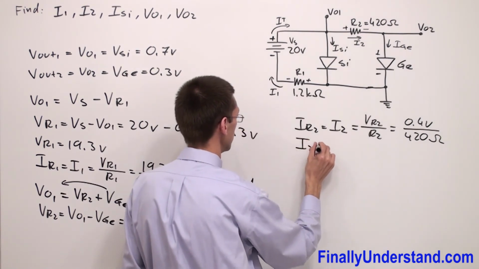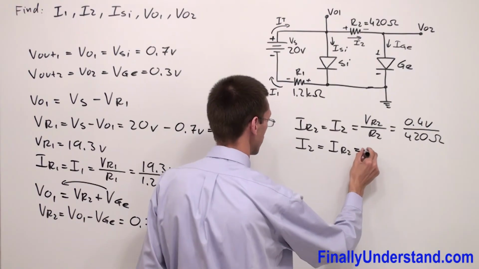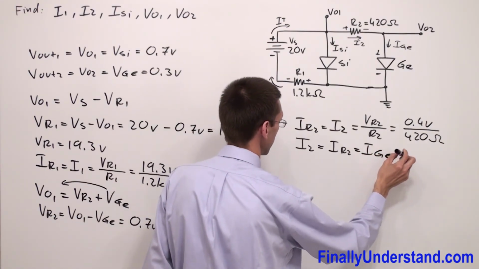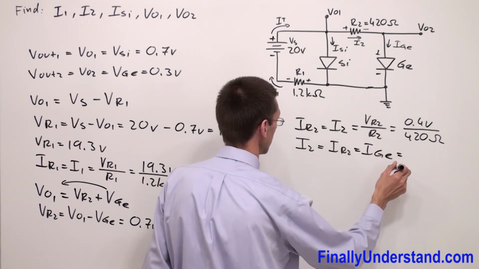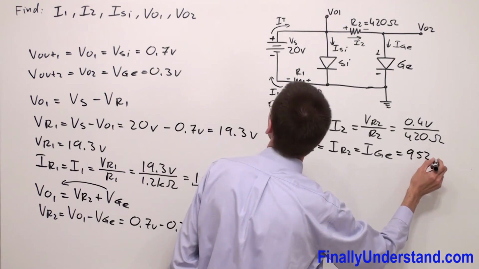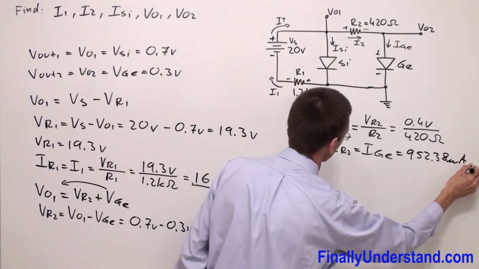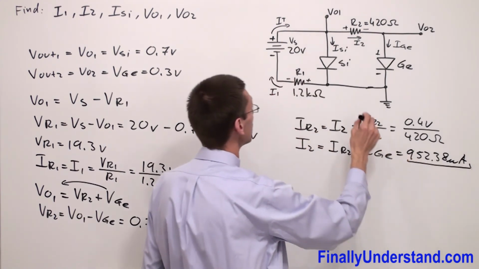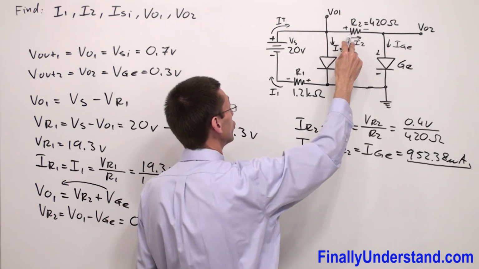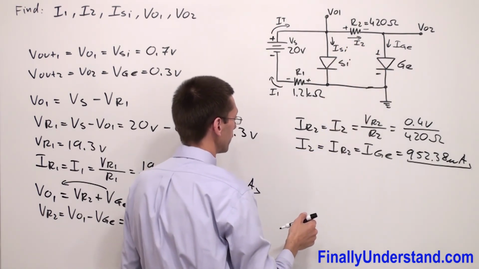So I2, we can say, is equal, of course, IR2, this is equal to I germanium, and this is equal to 952.38 microamps. Okay, so this is the current which will flow in this branch, will go through the resistor R2 and through the germanium diode.